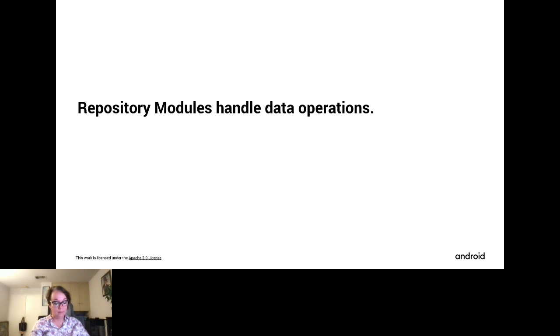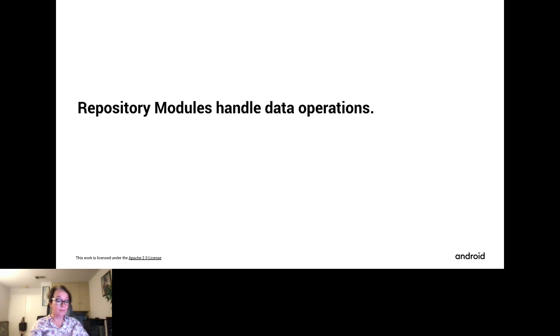So if you have one layer for your UX, which the architectures that we were discussing, the MVVM, MVP, MVI, those handle what happens with the data to the UX side, and the repository handles the data itself. You can think of it that way.